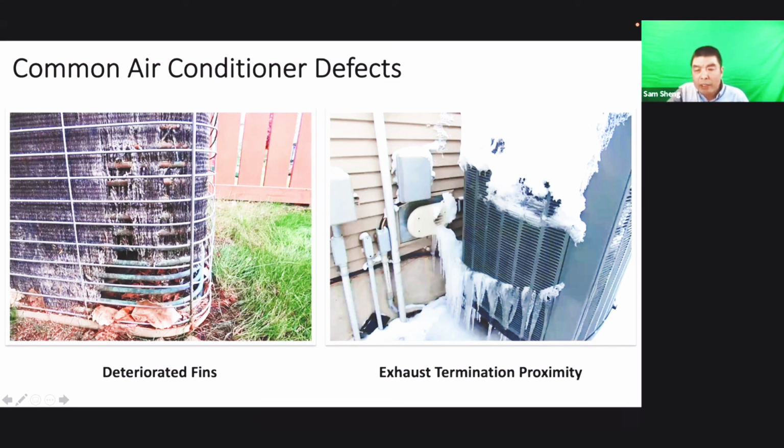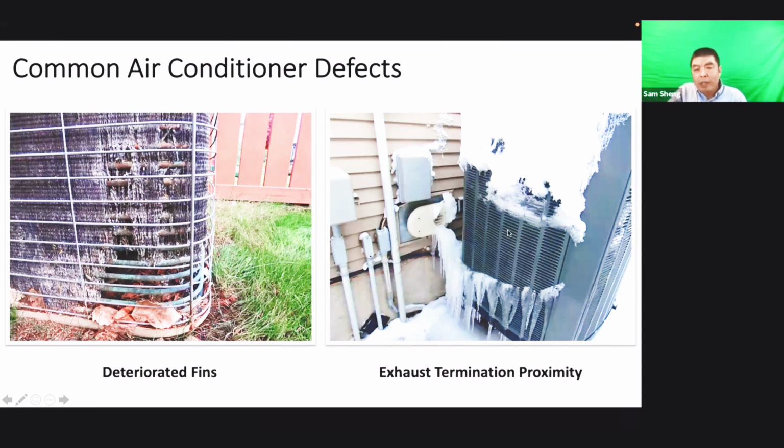Exhaust terminal termination proximity. This one we saw there's no code requirement, so it's okay. The gas terminal is too close to the condenser. It really makes trouble. It doesn't damage the fins or coils inside, but it looks not good.